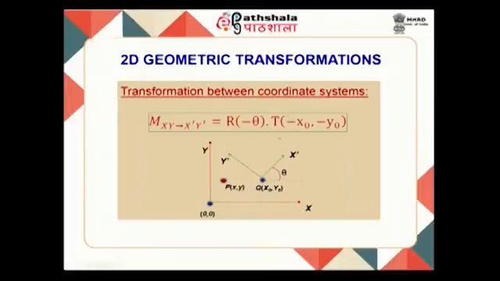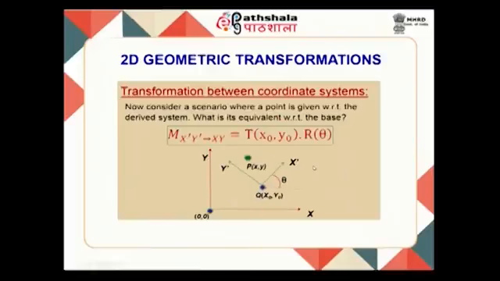Multiply these two, that is your composite matrix. Then multiply the point P x, y with this composite matrix, and get the equivalent point with respect to the derived coordinate system. So, these are the steps with respect to the derived coordinate system.